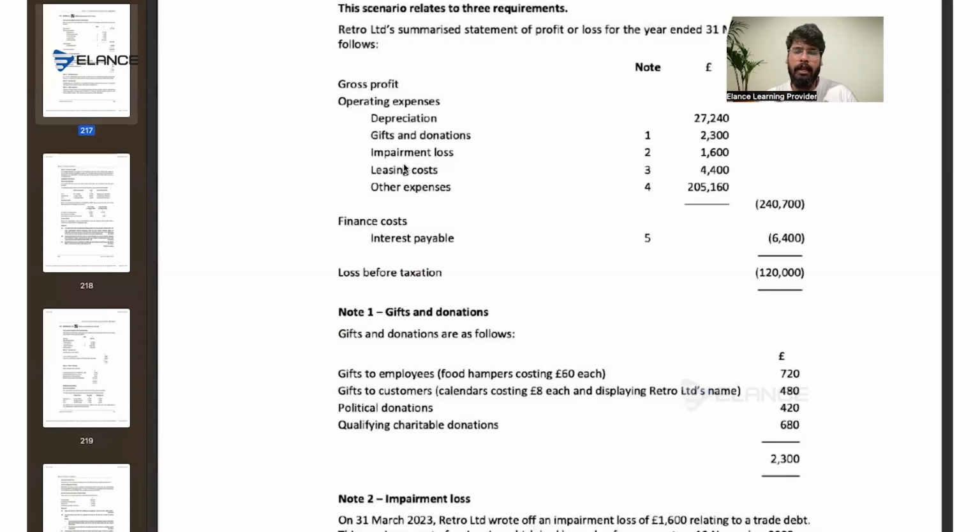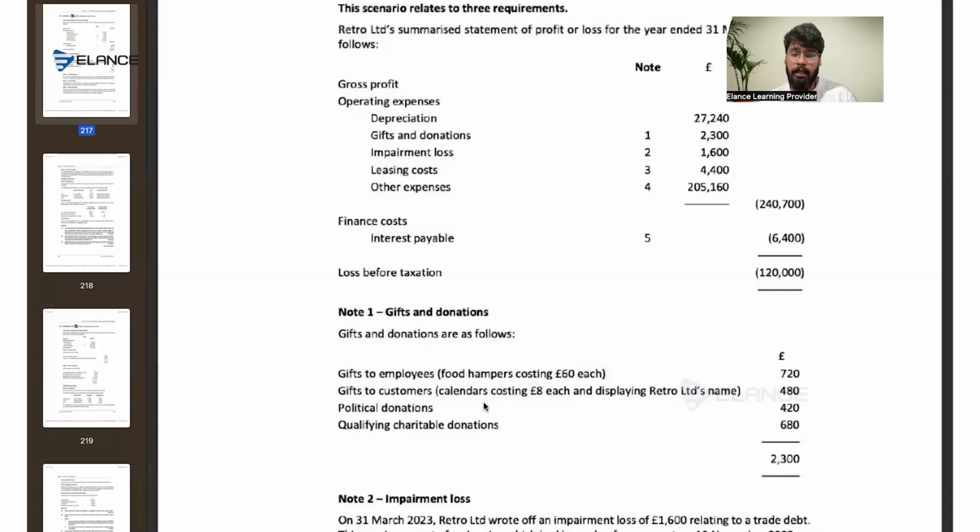If these 3 criteria are satisfied, that gift amount will be an allowable deduction. So here all these three criteria are satisfied. Actually, the gift is calendars. Calendars are not in the form of food, drink, or tobacco items. And the cost of each calendar is £8, so it is below £50.